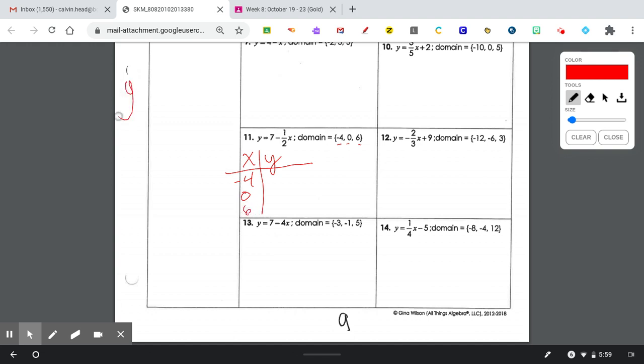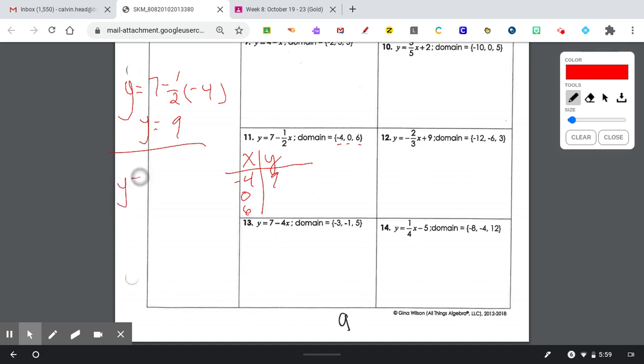So I come up here and I got Y equals 7 minus 1/2 times -4. When I put that in my calculator, use the ABC button, and this will give me 9. So Y equals 9.